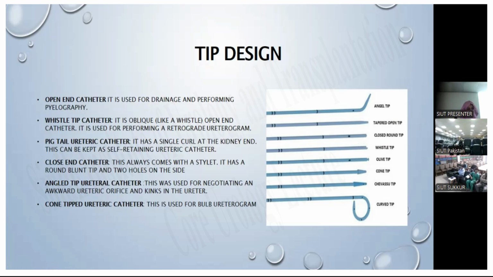So this is only for interim purpose of dilatation. The other catheter, which has got a kind of a pigtail, now that is a self-retaining kind of a catheter. So you can say a prototype of a DJ stent with one DJ, meaning with one curl, the other curl is not there.